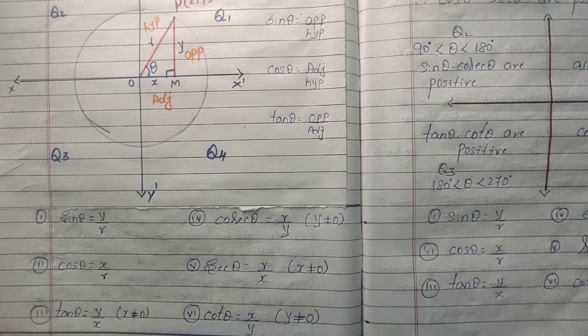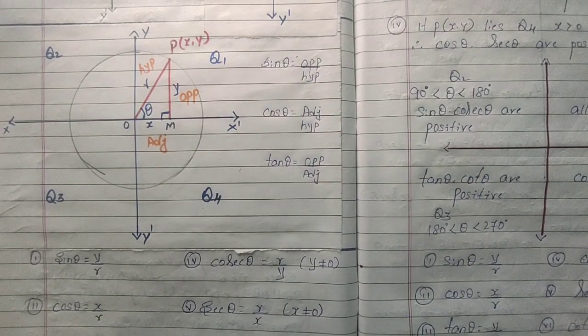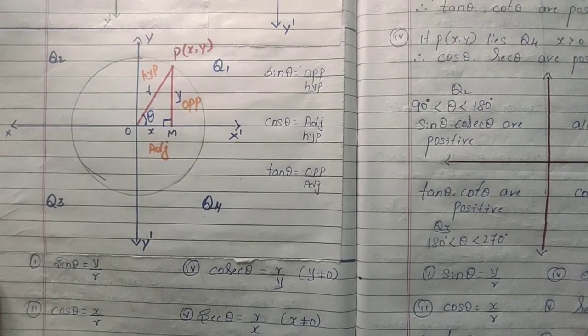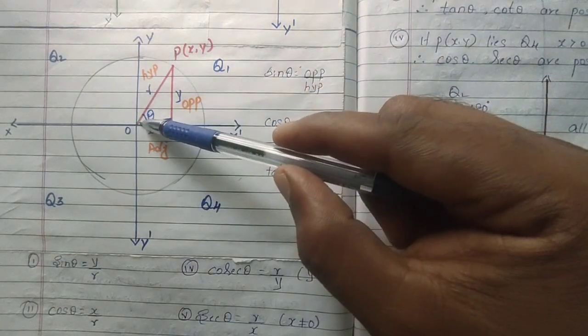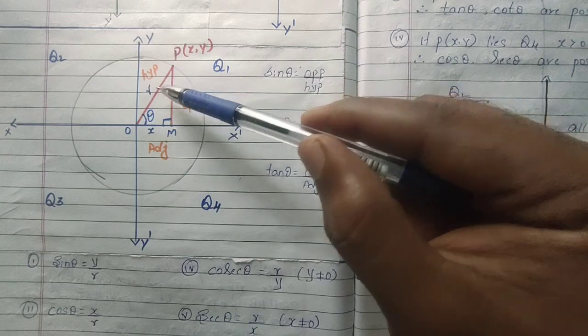So based on that, how to give signs of trigonometric ratios in different quadrants. It depends on the terminal ray.